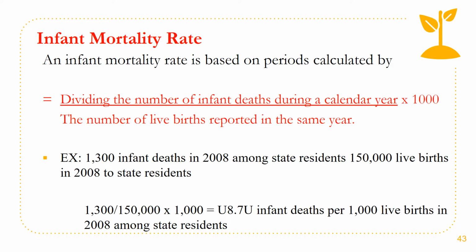Example, 1300 infant deaths in 2008 among the state residents, in 150,000 live births in 2008 to state residents. So if you substitute in this formula, you will get the answer.